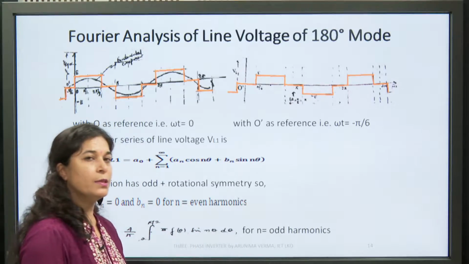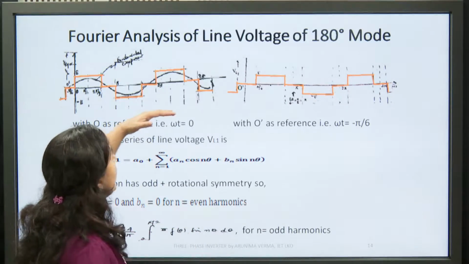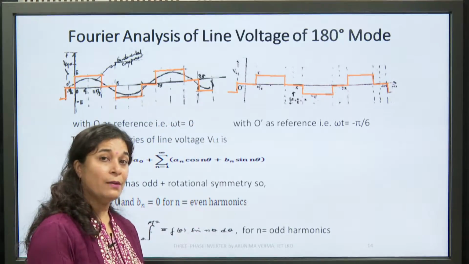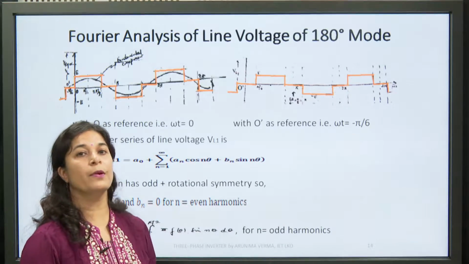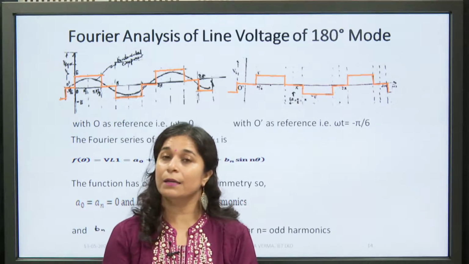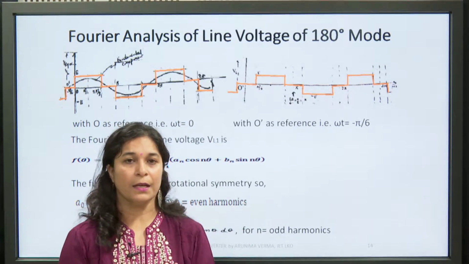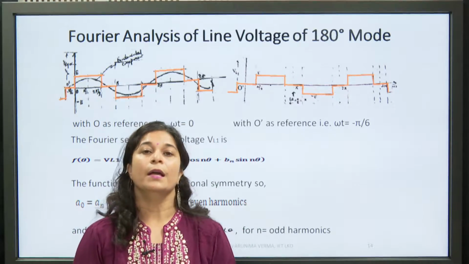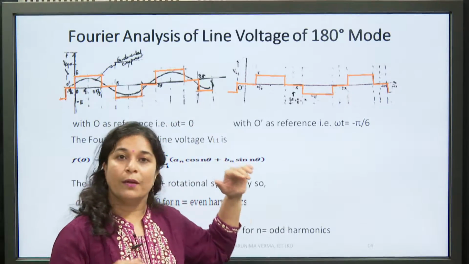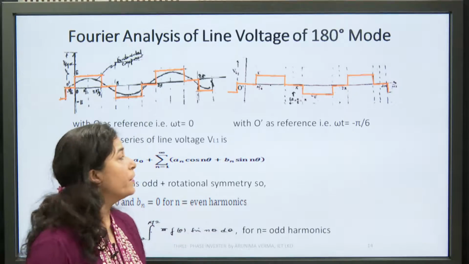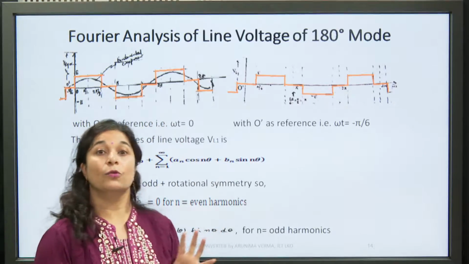To continue with the same, I am going to analyze the line voltage of 180-degree mode, because the output that we are getting at the inverter side is not pure sinusoidal. It has certain harmonics, and the waveform available at the output is basically a quasi square wave.